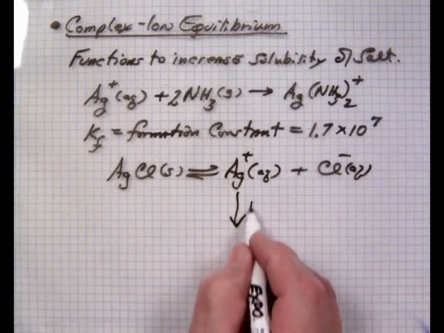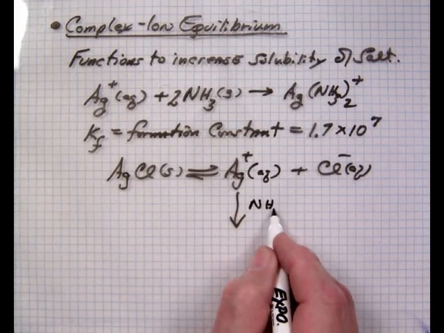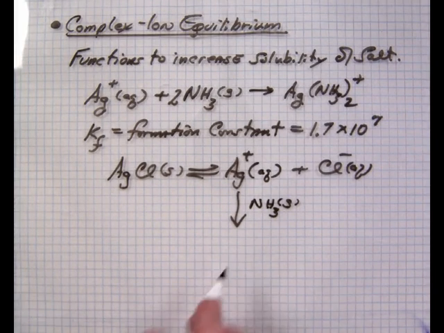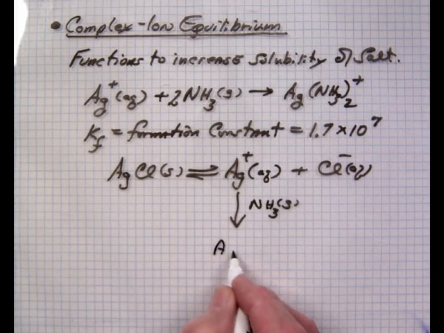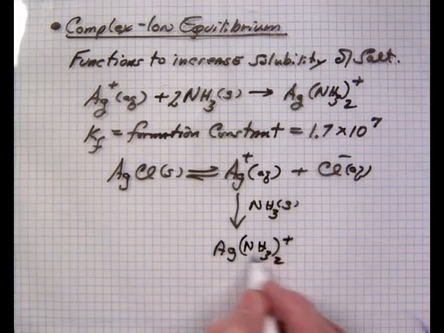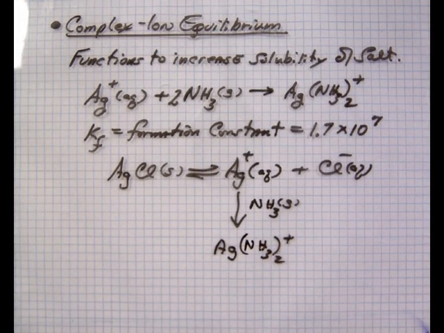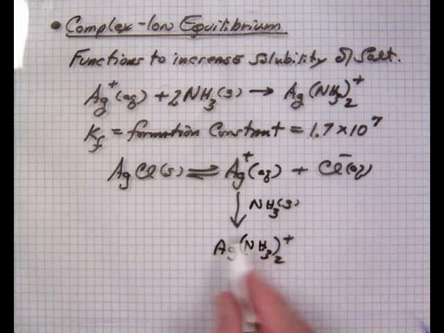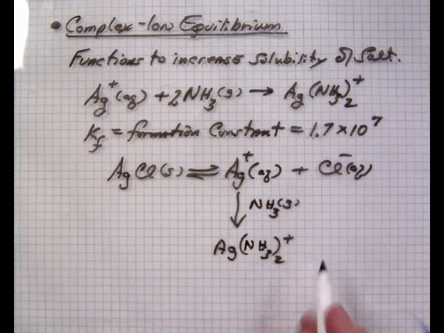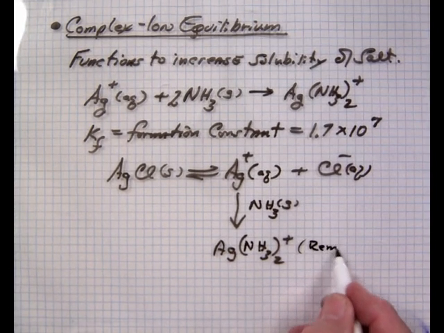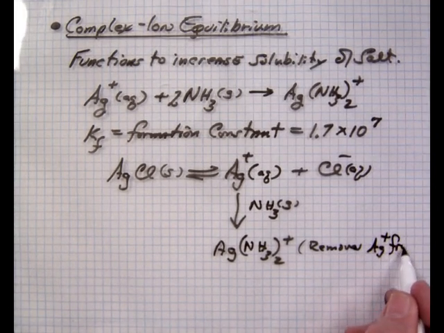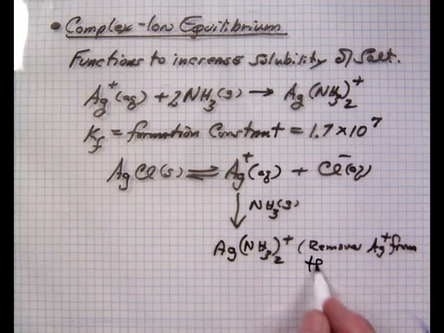However, if you put in the ammonia, bubbled ammonia gas through a solution, then this Ag(NH3) complex, silver amine complex, would form. And as this forms, this functions to remove Ag plus from the equilibrium.